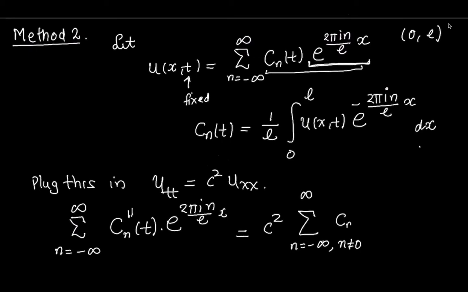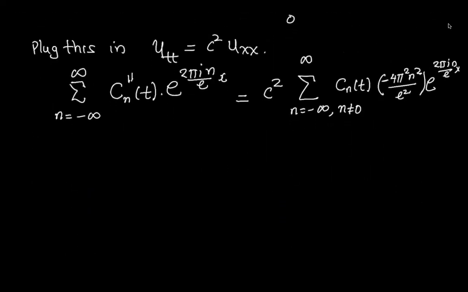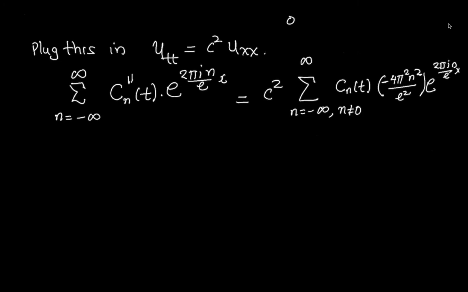So this is going to be c_n(t) as it is, and if you take the second derivative, this function is going to have a factor of 4 pi squared, i squared is -1, n squared over L squared, times e raised to power 2 pi i n x over L. That is the derivative of that function. Here n is equal to 0 is not the case, but we have here. So this will give you this.